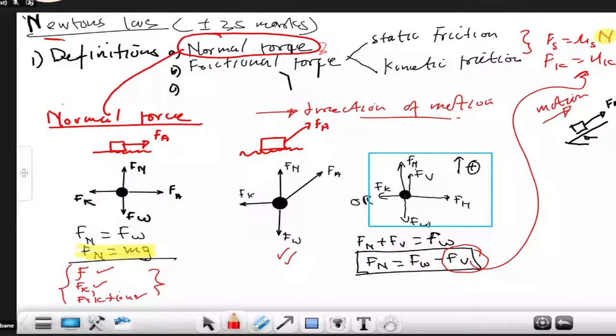So every school, every teacher has their way of doing things. But for me, if it's just F, when and how will I be able to distinguish whether I'm referring to static friction or kinetic friction? So that is the reason why in my free body diagram, if I am told that the object is in motion, then automatically I refer to FK.